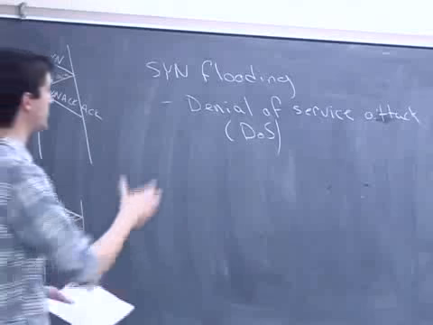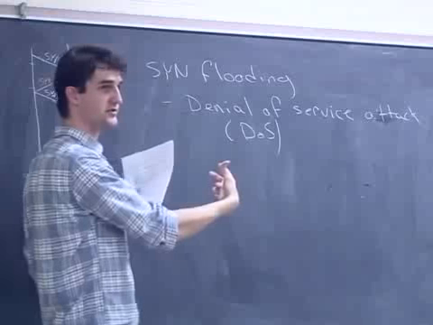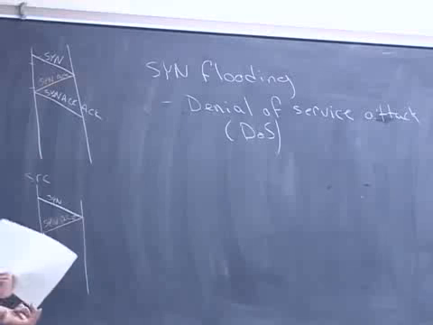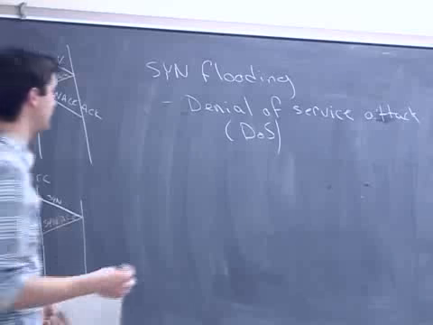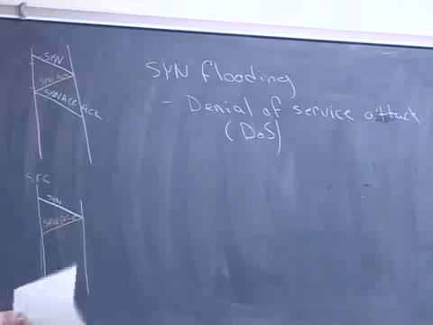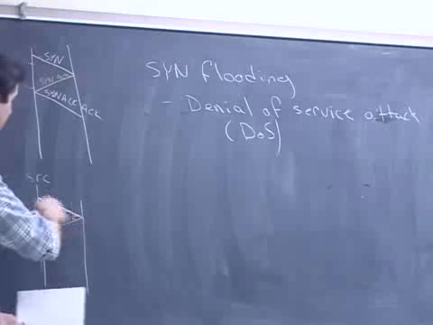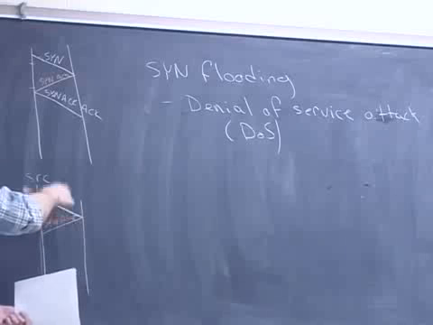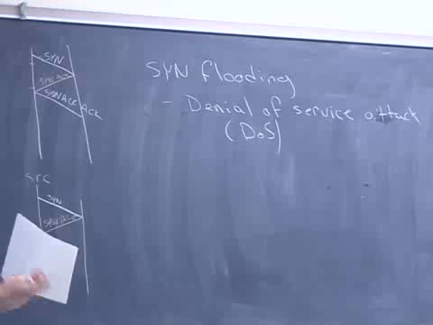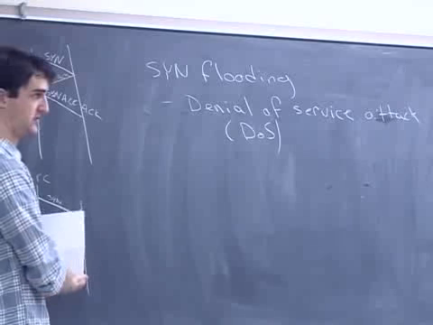The goal in a denial of service attack is to use up as many of the resources of the server as possible so they can't serve legitimate users. So say you're a hacker group like Anonymous, and you want to bring Amazon down. One way to do that is you open a lot of SYN connections to Amazon's web servers. Then they're sitting around holding these connections open, wasting resources that they could be using for legitimate customers.